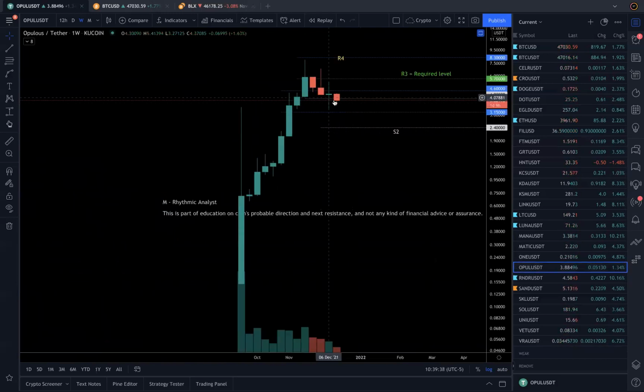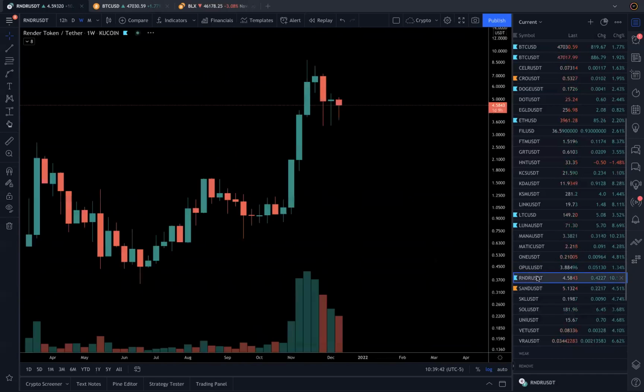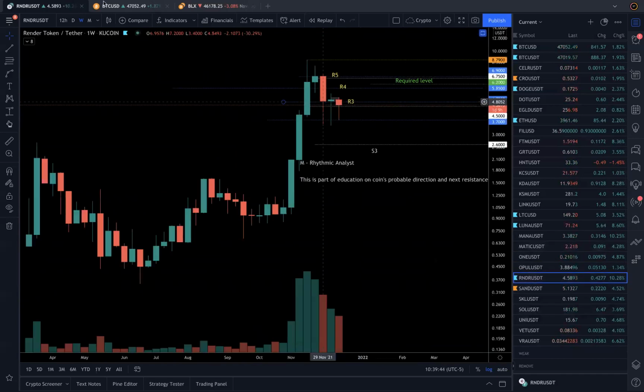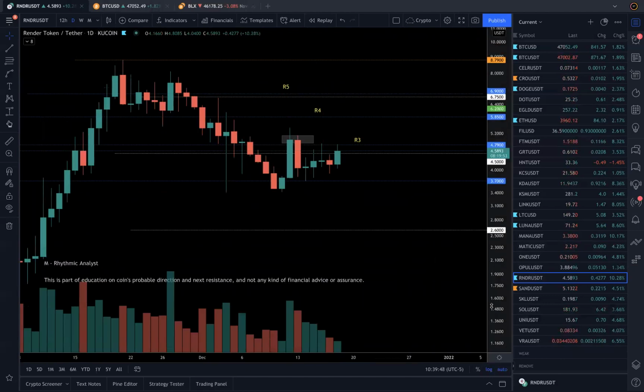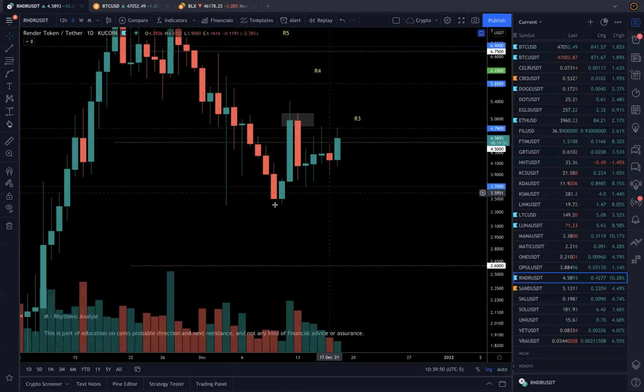Opal, not much, right? Not much. Okay. RNDR, look at the attempts, especially when you see one day. You can study this one. Amazing bounce. I gave this level, right? Rejected. Touch this, went up.